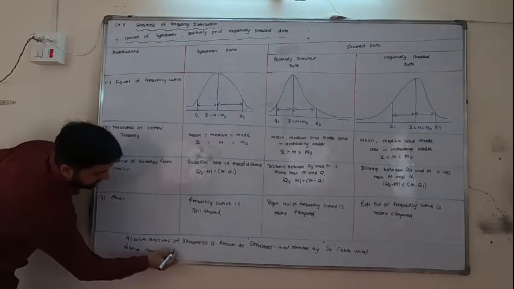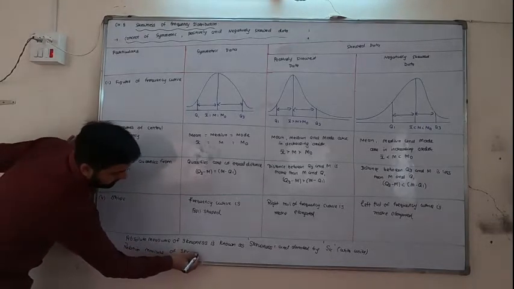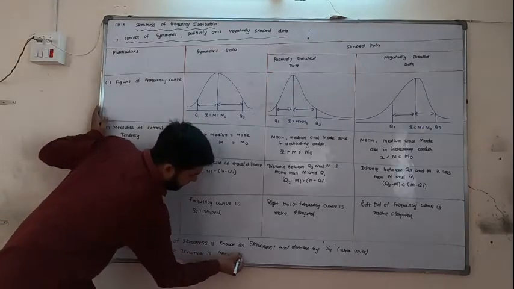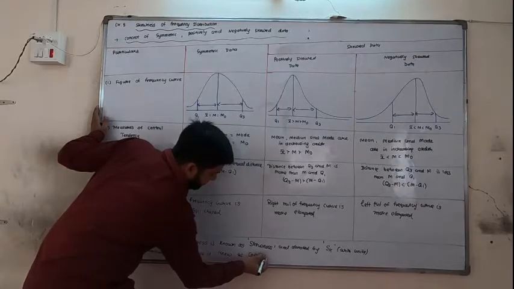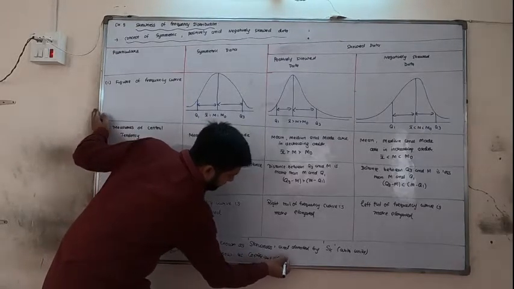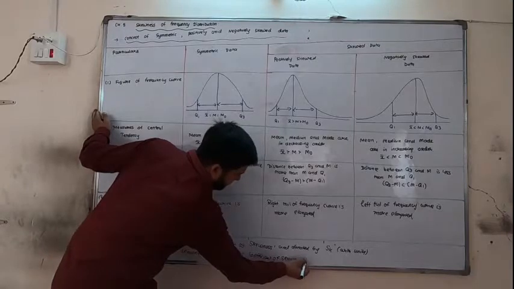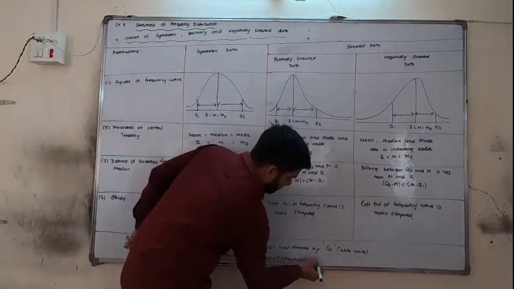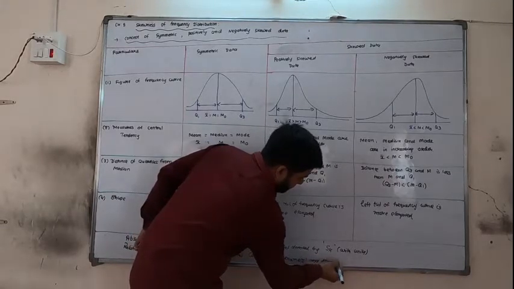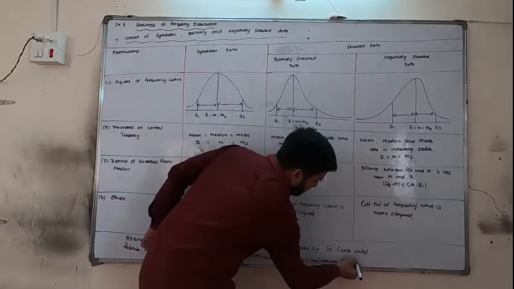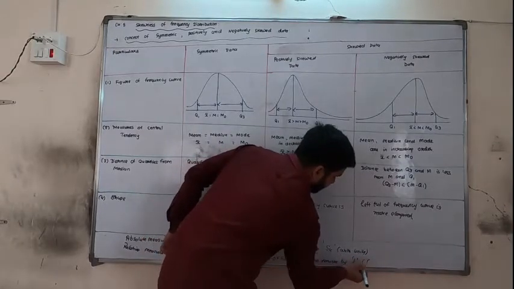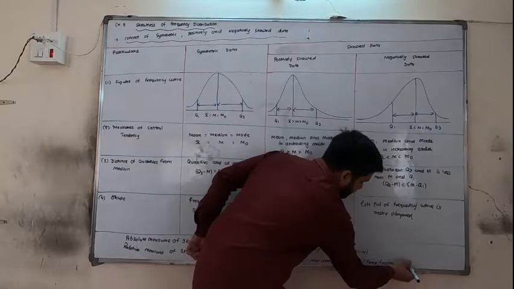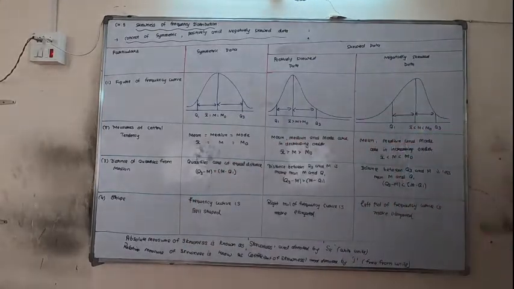Relative measure of skewness is known as coefficient of skewness, denoted by small letter j, and in brackets you write free from units. No unit we will use after j.